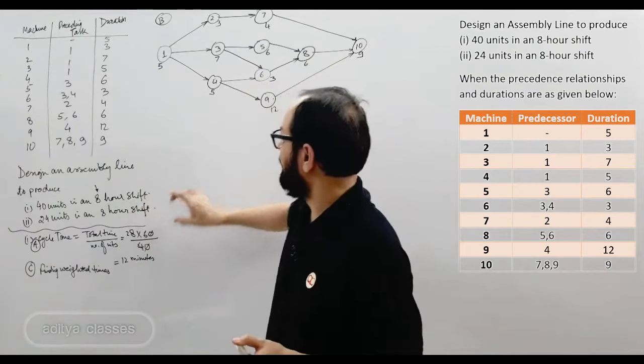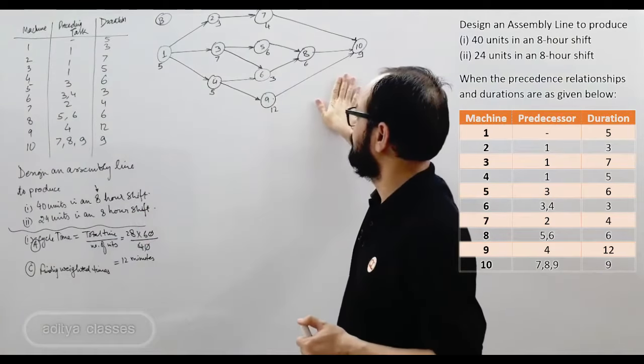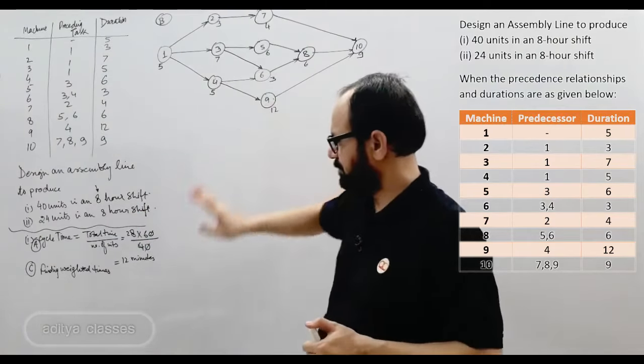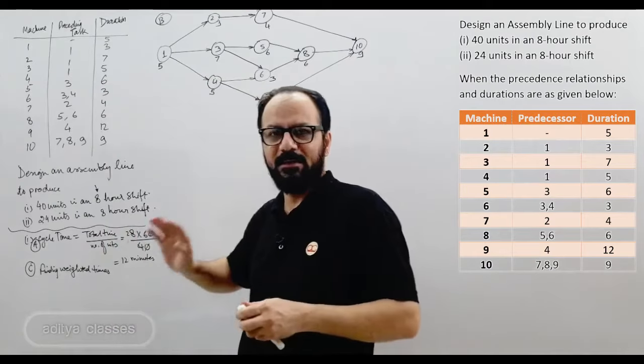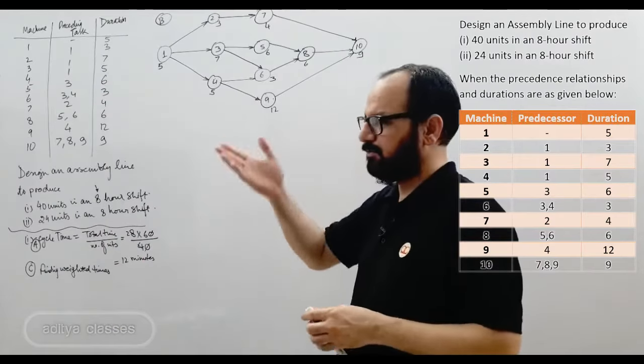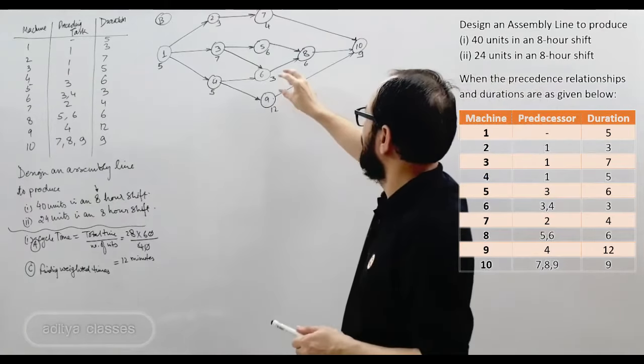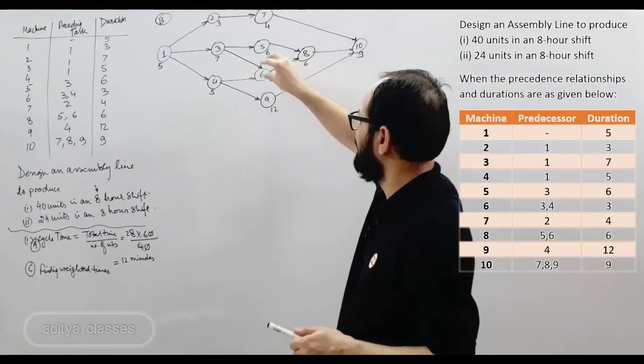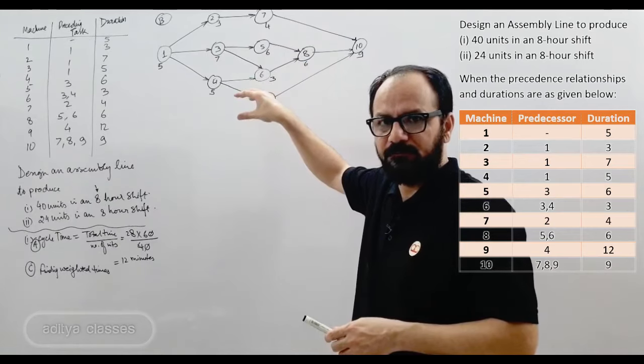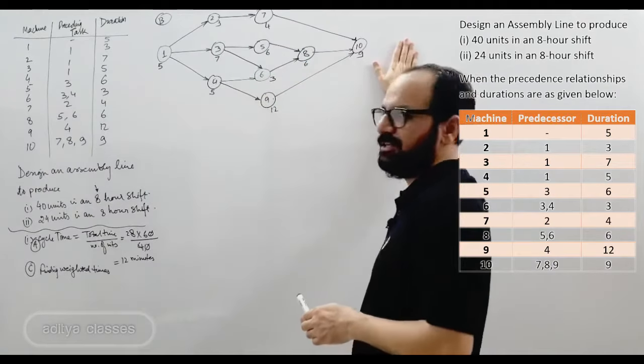So we have our cycle time. Second step is our network of relationships. Third is to find waited times. What are waited times? If you have gone through the other videos, you might have seen that waited time is the time taken from any particular machine to reach the last machine.